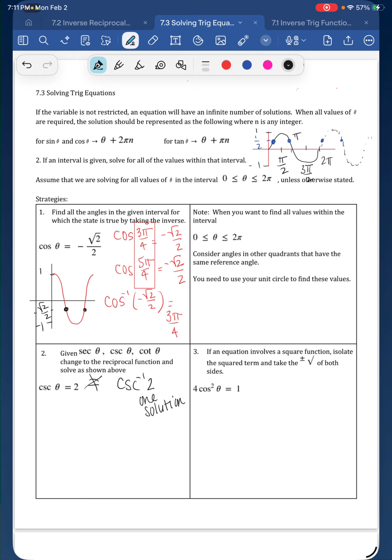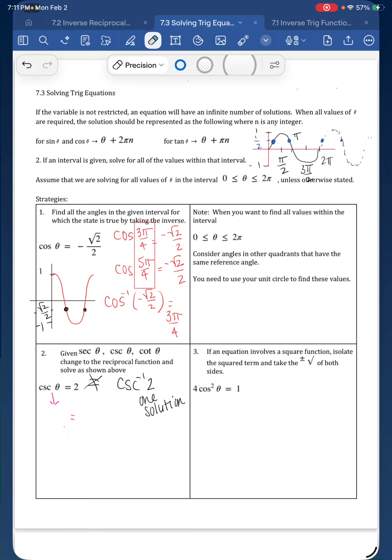Solving cosecant equals 2 has more than one answer. Okay. What might be easier to do is to take the reciprocal. So I know that the cosecant is 1 over the sine. So if the cosecant is 2, that means that the sine is 1/2.